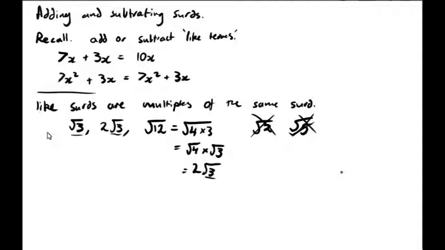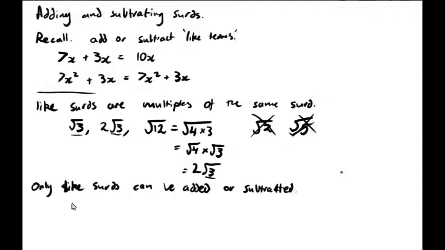So only like surds can be added or subtracted, and we want to always simplify before attempting to add or subtract.